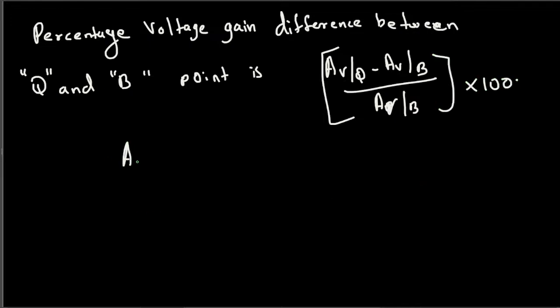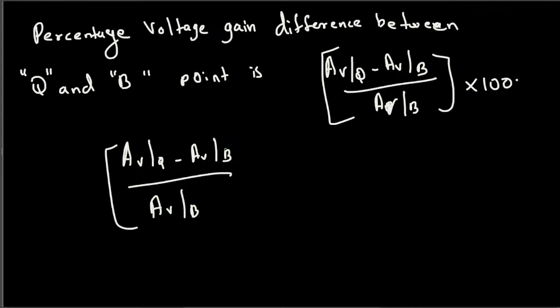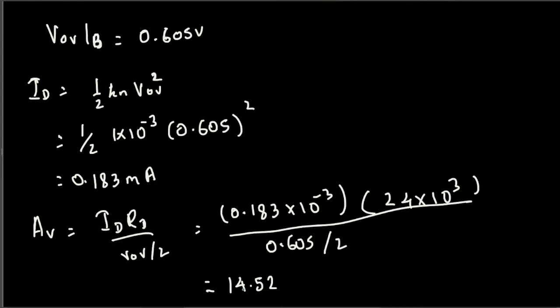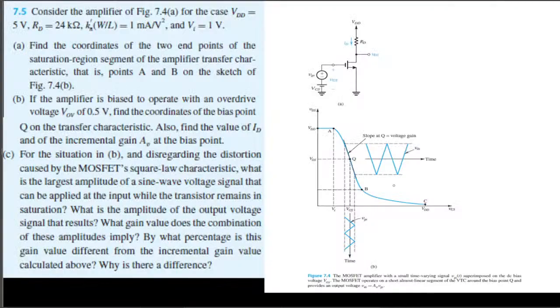Let's put that in an equation, AVQ minus AVB times 100, which is equal to... wait a minute, let me double check the graph. B is right here, Q is right here.